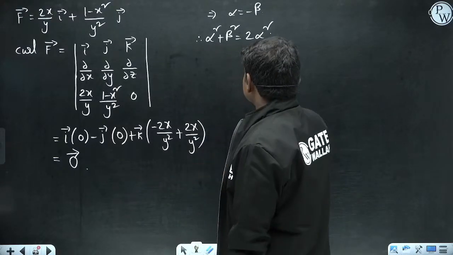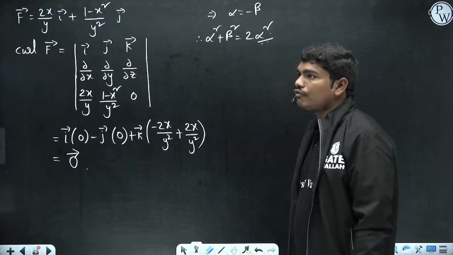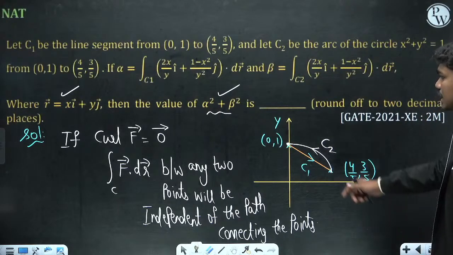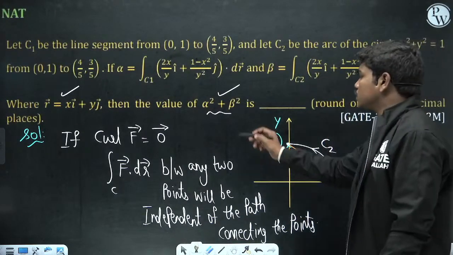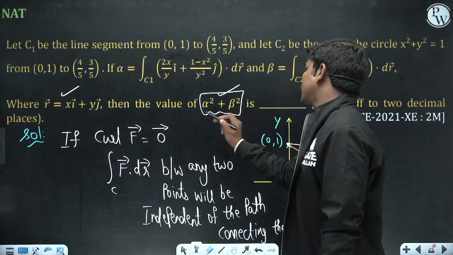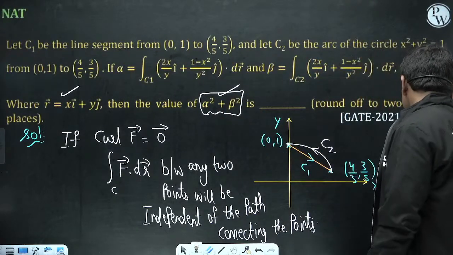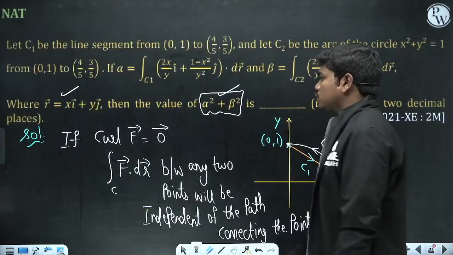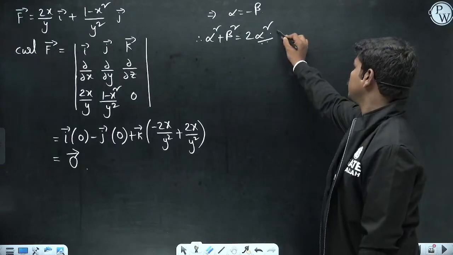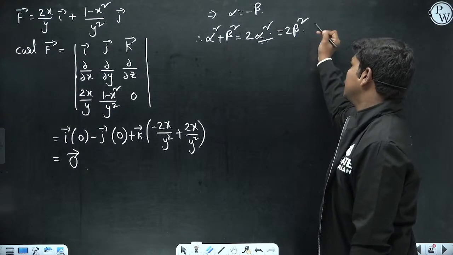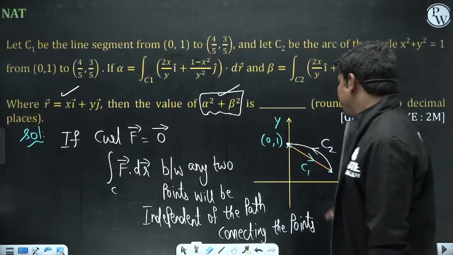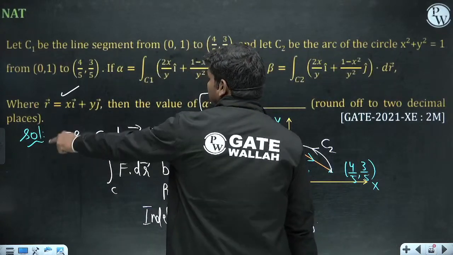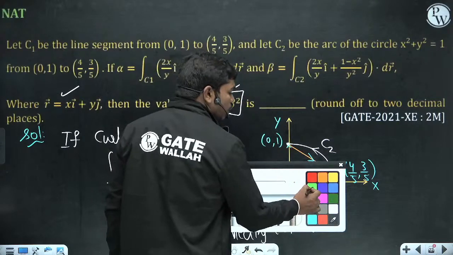Now, if you see, alpha square plus beta square is equal to 2 times alpha square, which is also equal to 2 times beta square. Now tell me one thing: since this function is irrotational, whatever path I follow, the value will be the same.